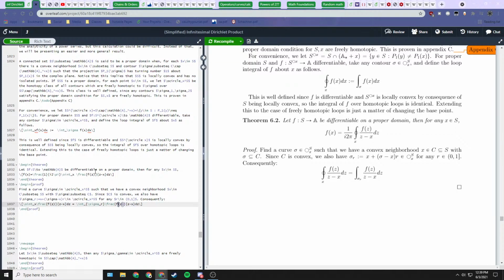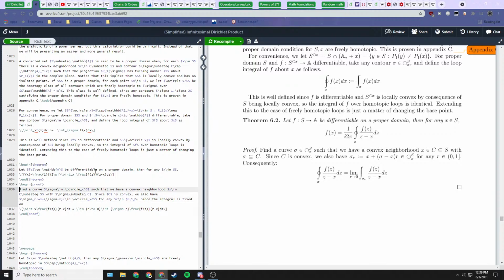But actually we can take this as a limit as r goes to 0.